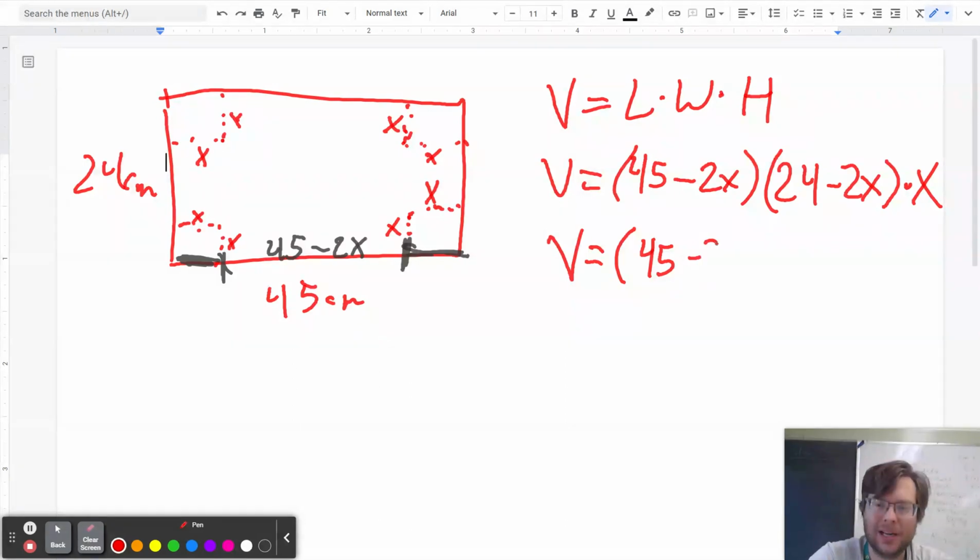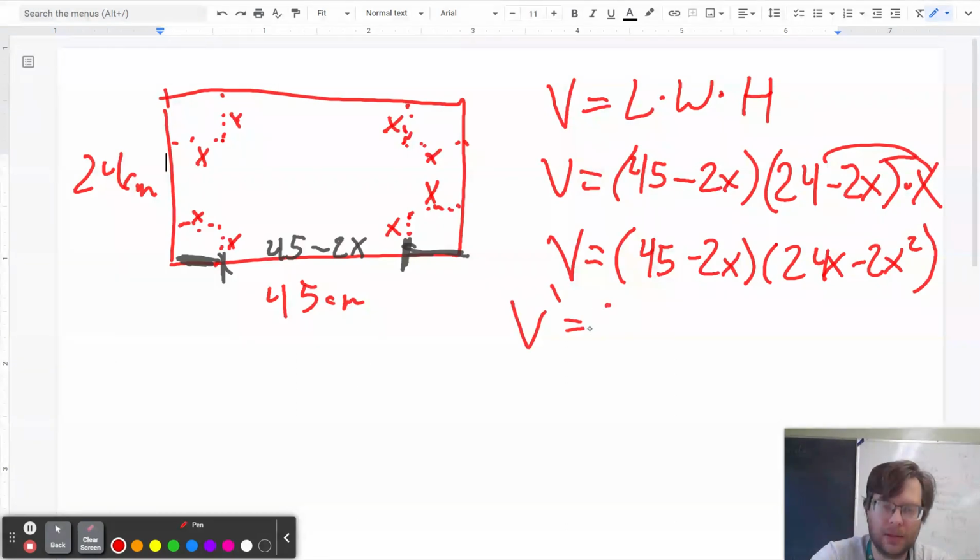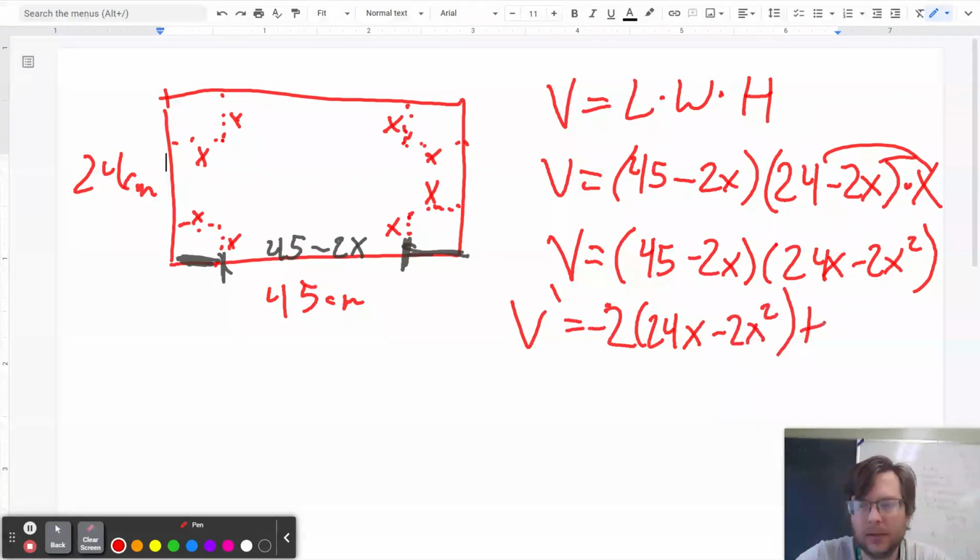I don't really like it when I have three factors, so I'm just going to distribute the x in like this, and then I'll use my product rule to look at V prime. So my V prime is going to be negative 2 times 24x minus 2x squared, plus 45 minus 2x times 24 minus 4x.